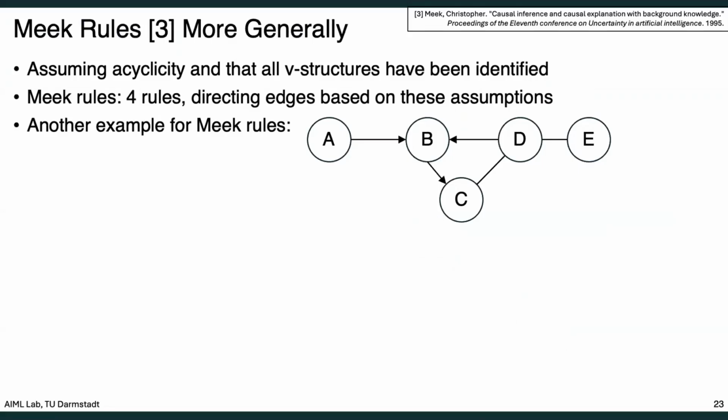All right, Meek rules. The underlying assumption behind Meek rules is basically that acyclicity is true and that all V structures have been identified before. So if we take a look at this graph here, just based on logic, what do you think? There are two undirected edges. Can we direct one or both, and how?